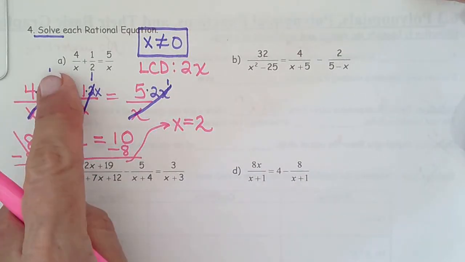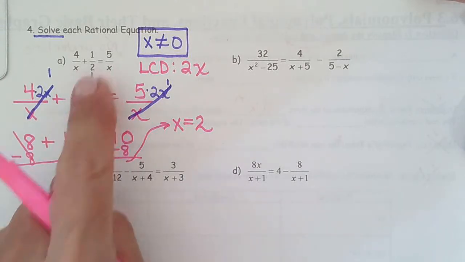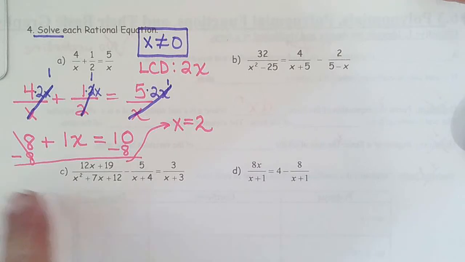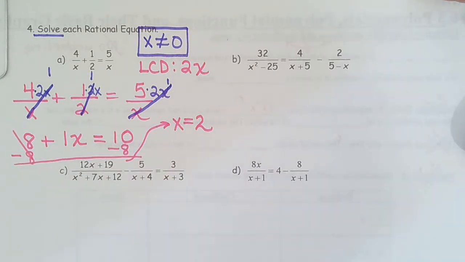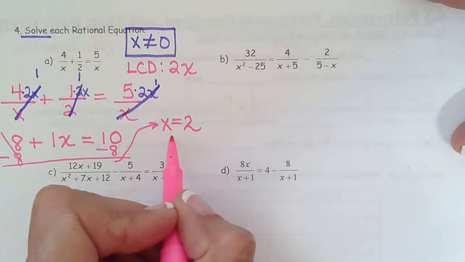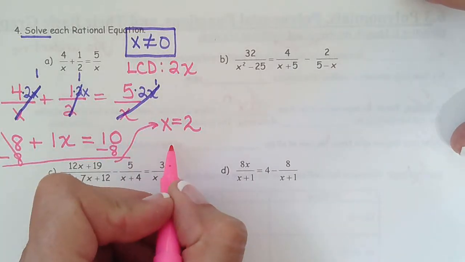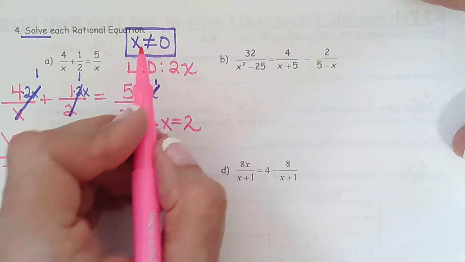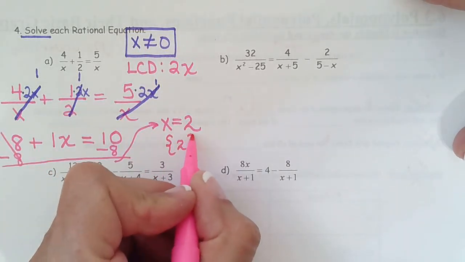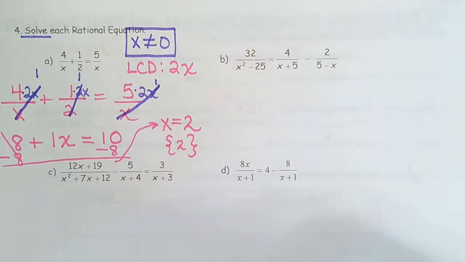Cancel anything first, write what's left after the canceling, and then solve the resulting equation. So subtract 8, x is 2. Nice, huh? Then before we box it or put it in solutions, we look up here and make sure it's not in the restriction box. It is not. So that means 2 goes in our solution sets, and it is the solution.